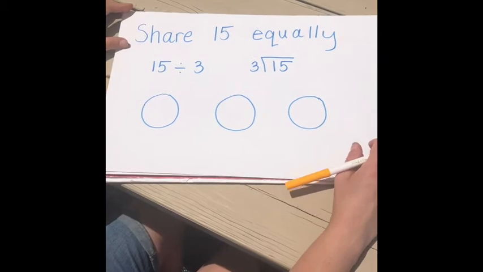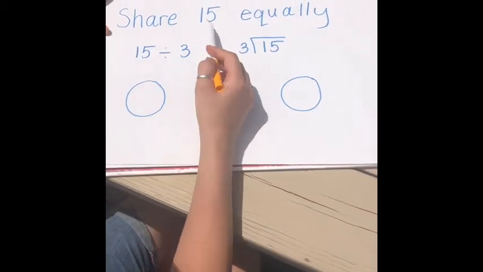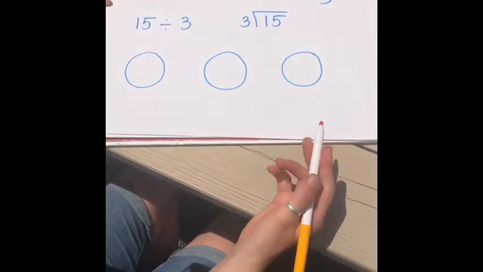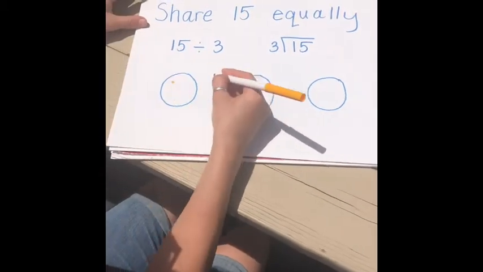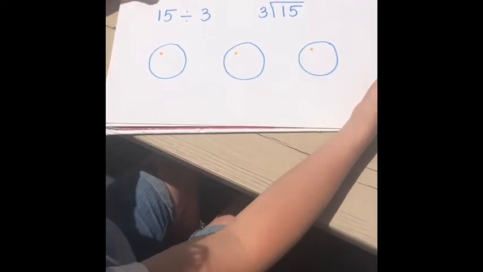So the first one, for 15 divided by 3, we're going to share 15 equally into these 3 circles. So we're going to go like this. 1, 2, 3. We're going to go all the way to 15.